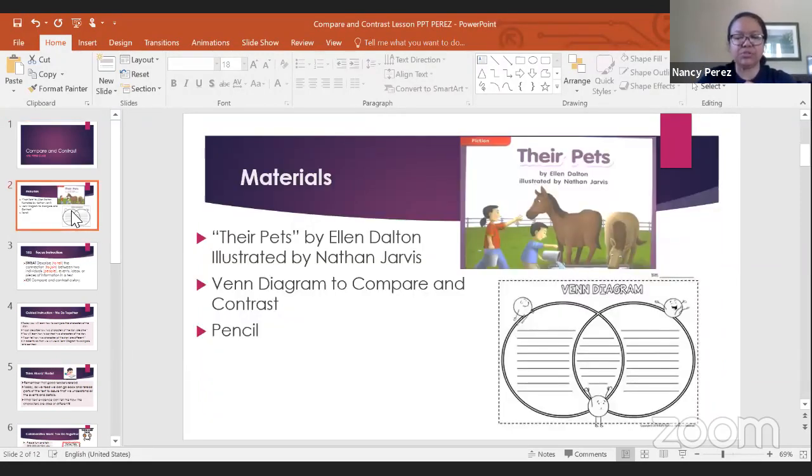The materials that we're going to be using are Their Pets, by Ellen Dalton, illustrated by Nathan Jarvis, and of course, our Venn diagram. This is the very special tool that helps us compare and contrast. And a pencil, a marker, or a pen, whatever comes handy to you.